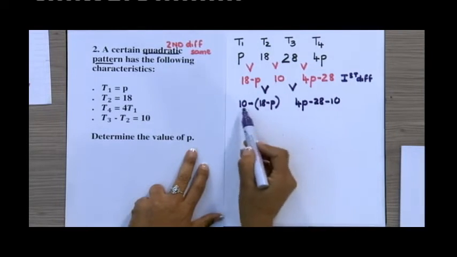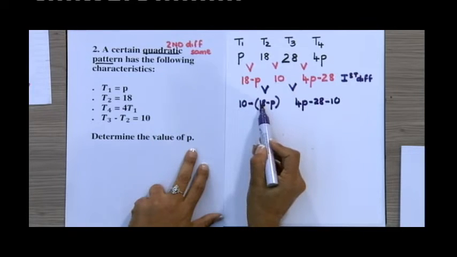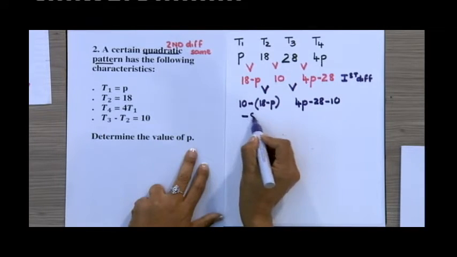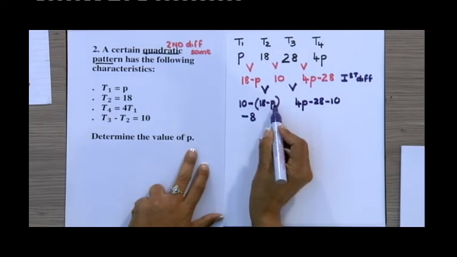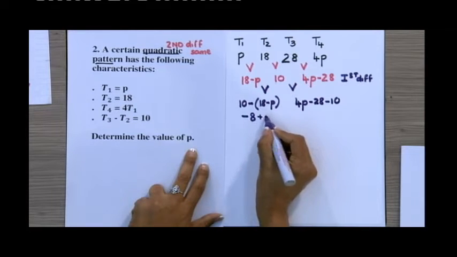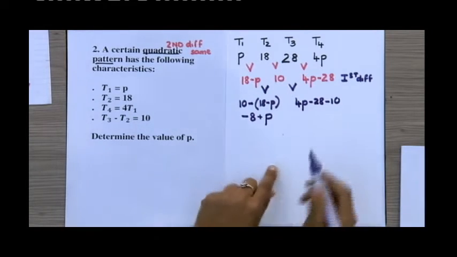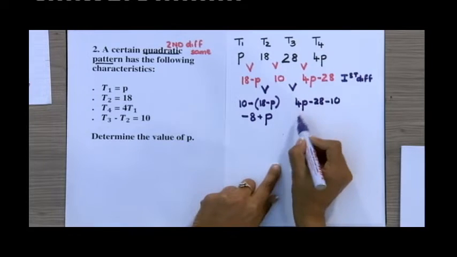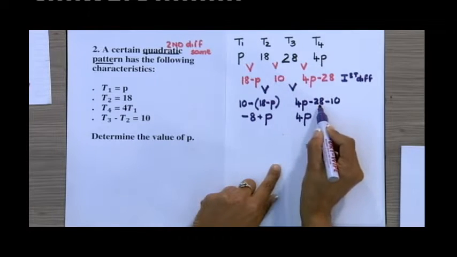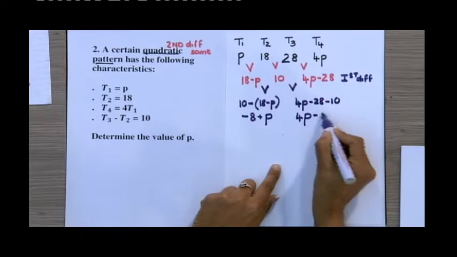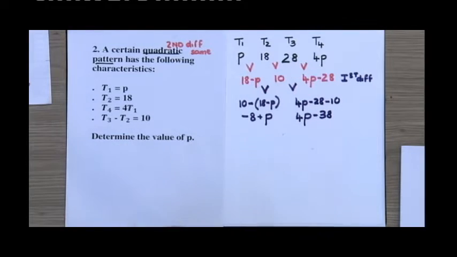Now I work this out. This is 10 minus 18, which gives me minus 8. And negative times a negative is a positive, which means that gives me negative 8 plus P. Here I can go 4P minus 28 minus 10 is negative 38. And there you have the second differences.